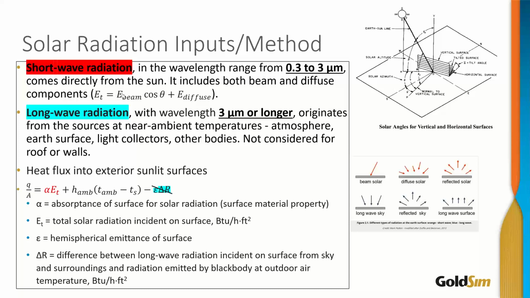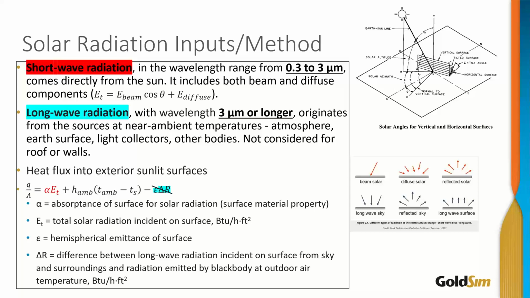The beam component comes directly from the sun, and the diffuse component comes from various angles when the beam diffuses in the atmosphere, and it hits the surface from different directions. And then we have longwave radiation, which has a wavelength of 3 micrometers or longer.